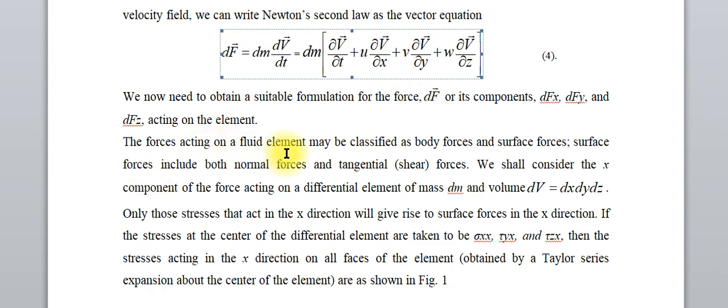The forces acting on a fluid element may be classified as body forces and surface forces. Surface forces include both normal forces and tangential forces.